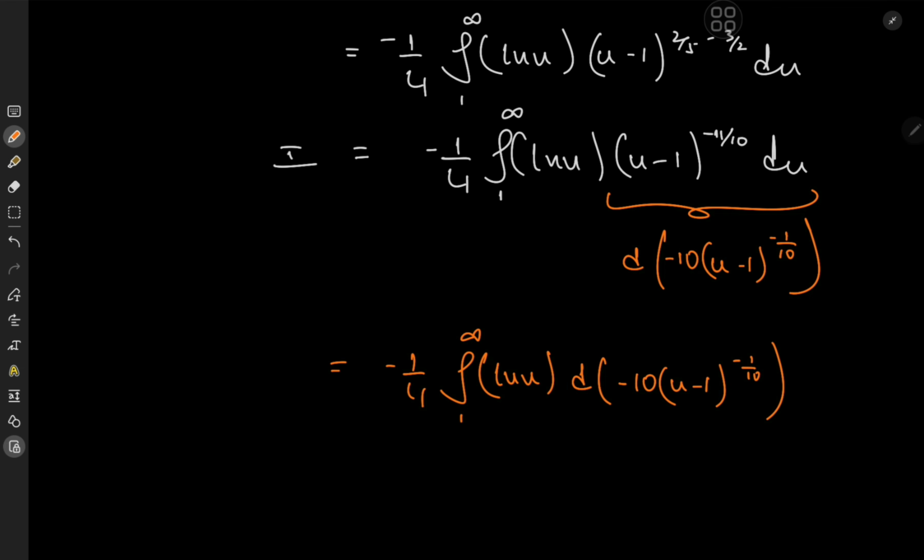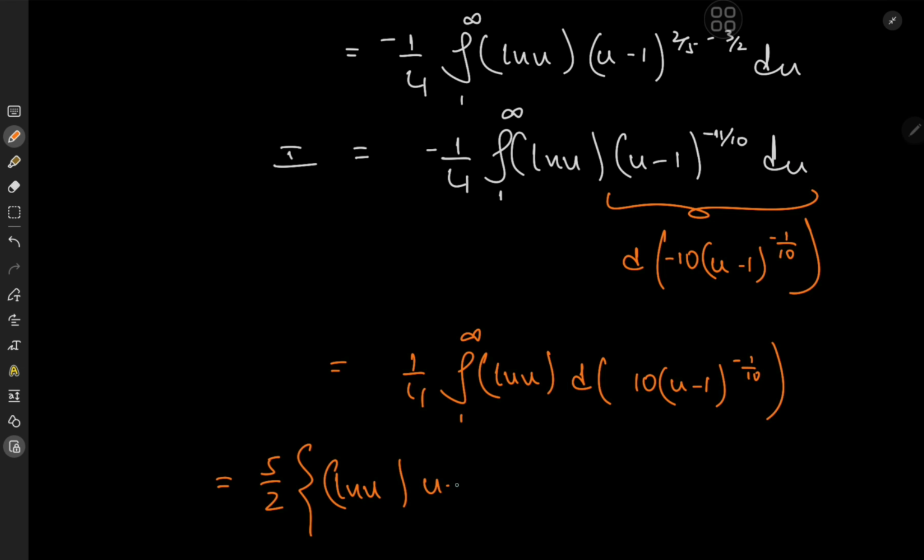And of course, we have some cancellation of the -1s, which is quite welcome, leaving behind on integration by parts a 1/4 multiplied by log u times, well, we do have a 10, so might as well write this as 10 over 4, which is 5/2.